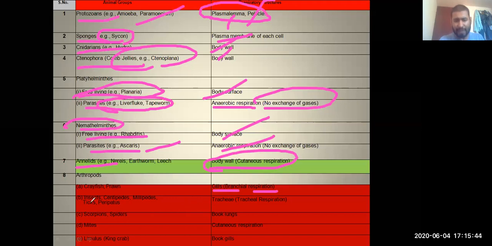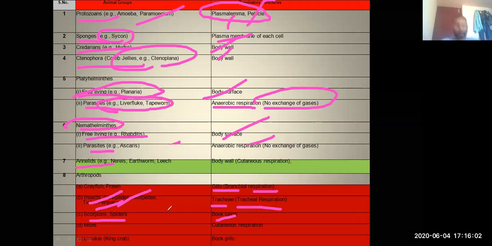Insects, centipedes, millipedes and different animals have tracheal respiration. Scorpion and spider have book lungs. Mites have cutaneous respiration, and Limulus, the king crab, has book gills, which perform the respiration phenomenon.